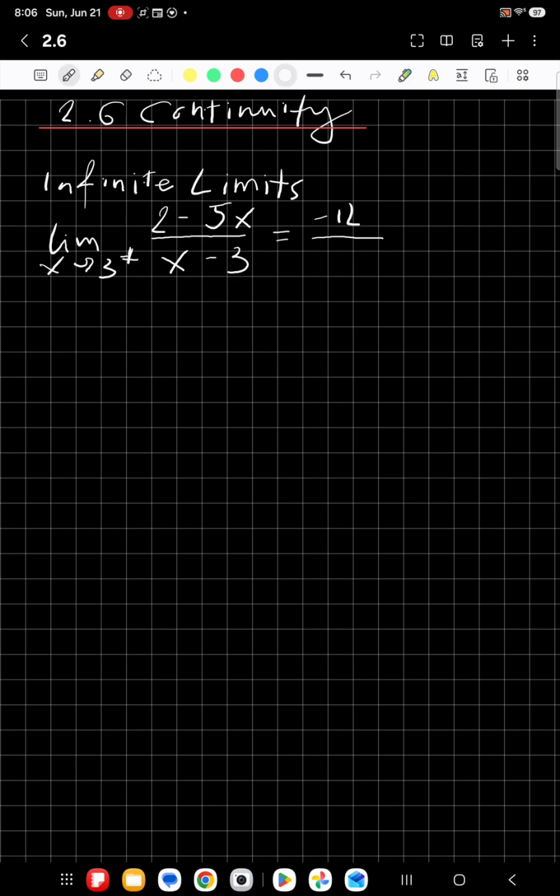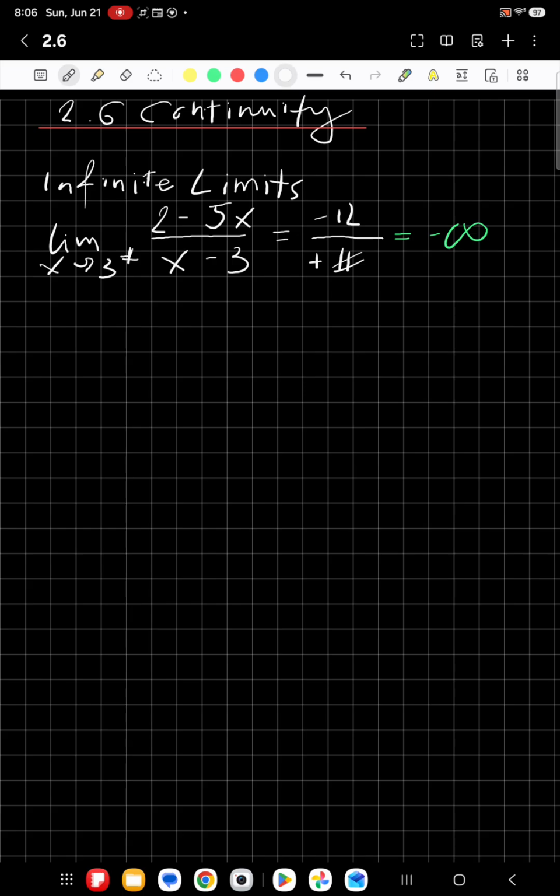So positive, and the closer I get to 3, the numbers will be getting smaller and smaller. Okay, so I'm dividing some number, well, negative 12 in this case, by a smaller and smaller number, so I'll be approaching negative infinity. Okay, so that was limits, infinite limits.